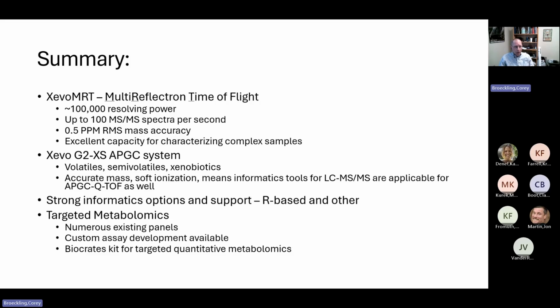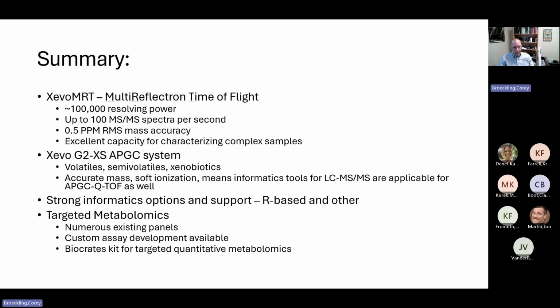So in summary, we have a couple of new instruments, the Xevo MRT, the multireflectron time of flight, really nice mass resolving power, really nice MSMS acquisition speed and sensitivity, and excellent mass accuracy make this a pretty incredible platform for characterizing complex samples with really high quality data.